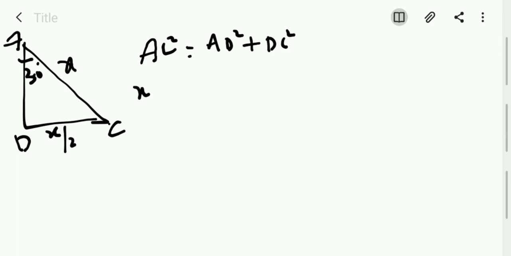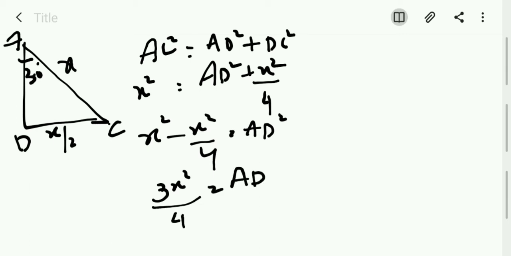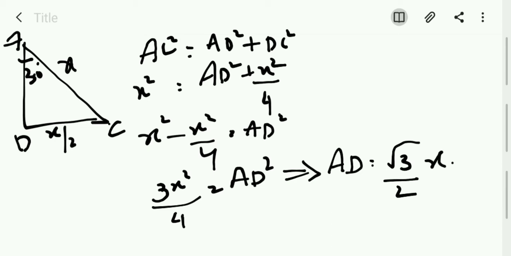Now AC square is X square is equal to AD square plus X square by 4. Now X square minus X square by 4, which is nothing but AD square, and this is 3X square by 4 is equal to AD square, and AD is nothing but root 3 by 2 into X.